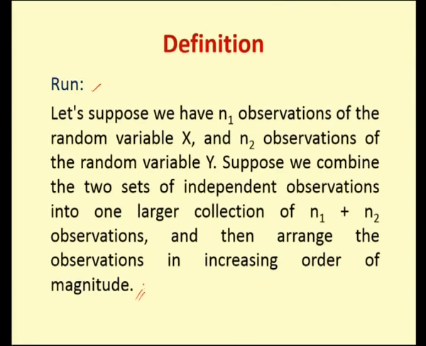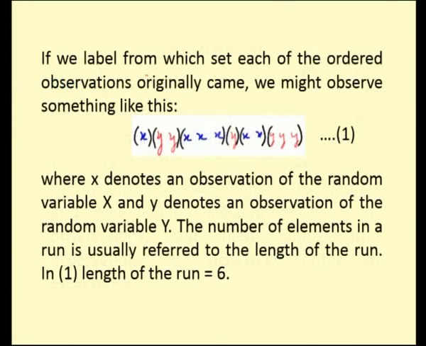That will give you the run. If we label which set each ordered observation originally came from, we might observe something like this.